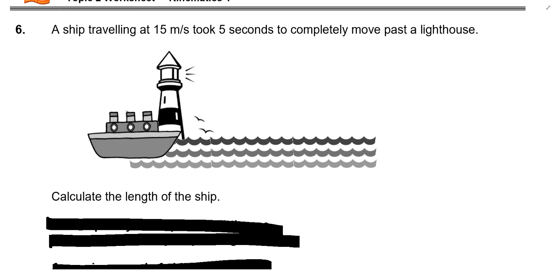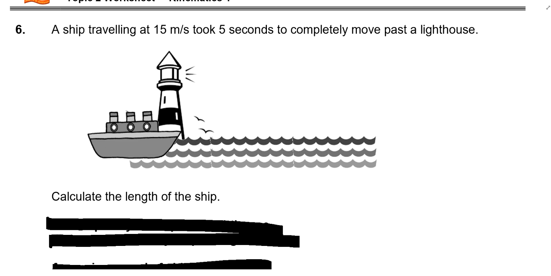What is the speed? 15 meters per second. 1 second travels how far? 15 meters, right? That is what 15 meters per second means. So if it took 5 seconds, then how far did it travel? 75.